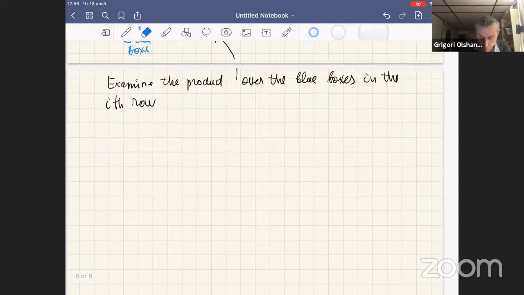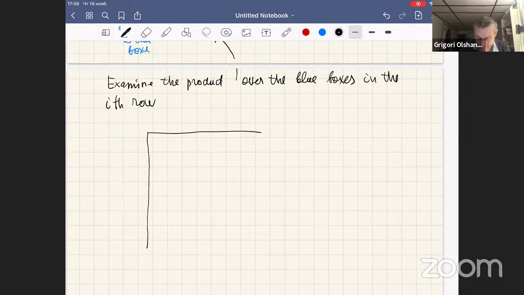I want to zoom in. So we have something like this. So this is our point, and this is our blue region.